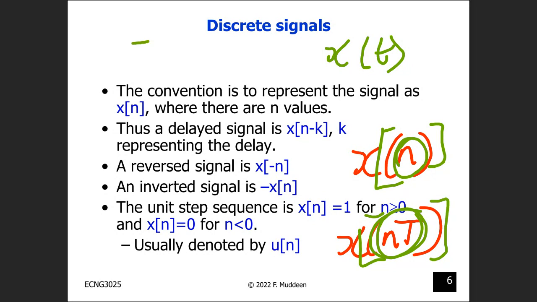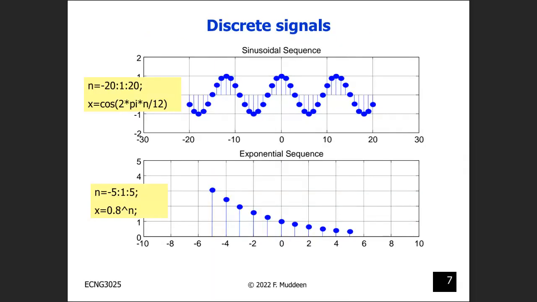So x[n] could be 1, 2, 5, 9, minus 7, etc. So it's like an array, a matrix. And of course, these are the manipulations and the unit step, all things that we know.